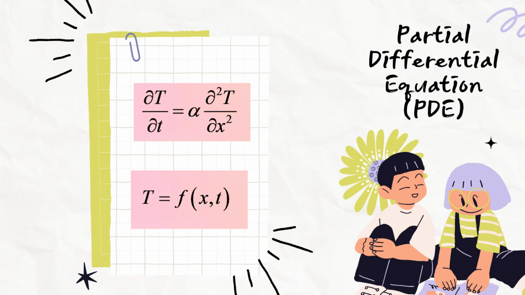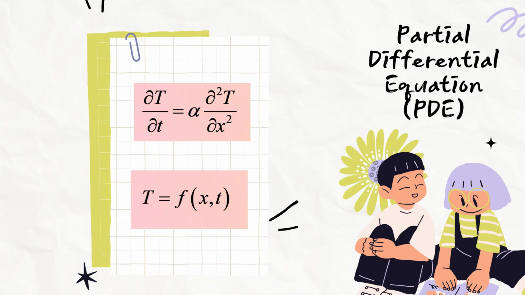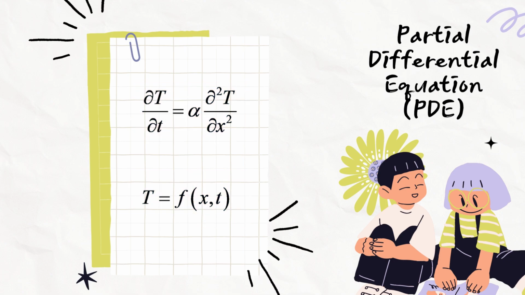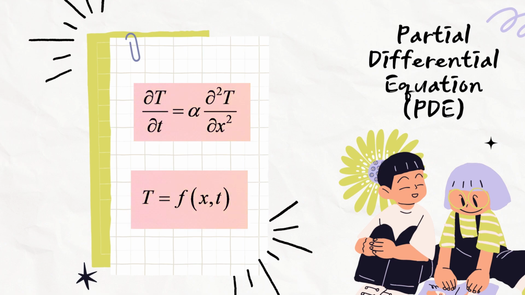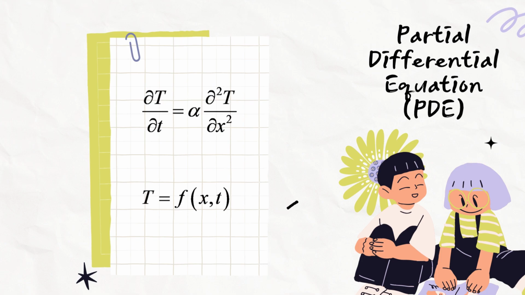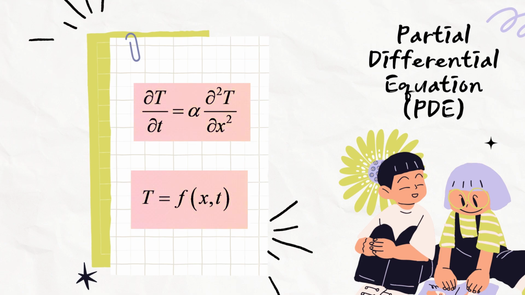Notice that the differential equation showing on the slide is a PDE of second order because let's say the capital T represents temperature. We can see that the temperature is with respect to time as well as with respect to the variable x.